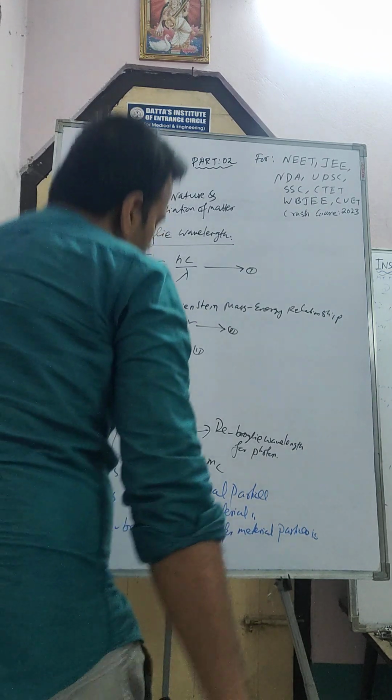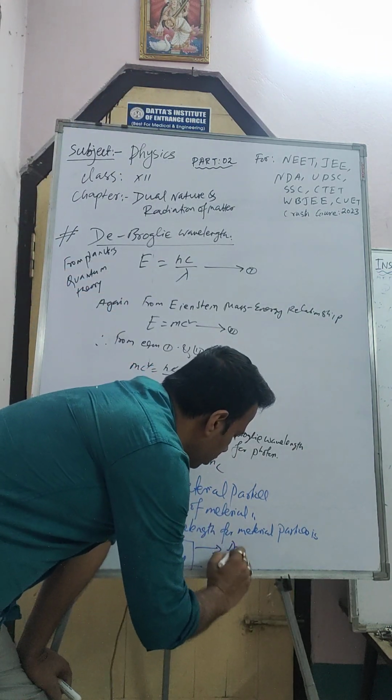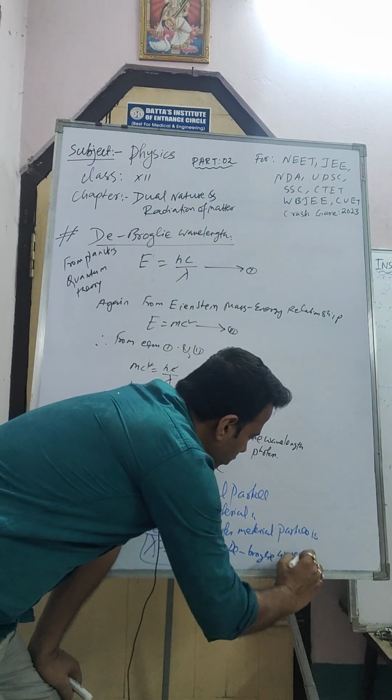Okay, lambda is equal to h by mv. So this is known as the de Broglie wave equation.